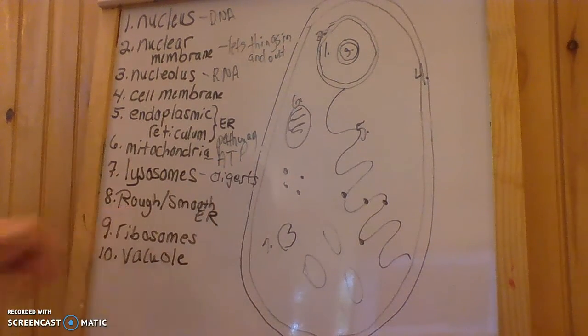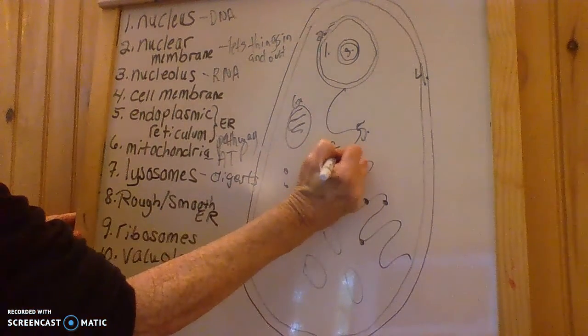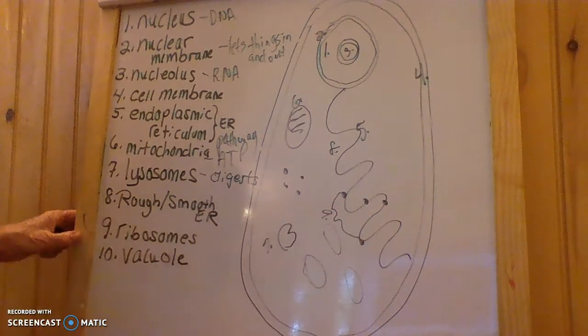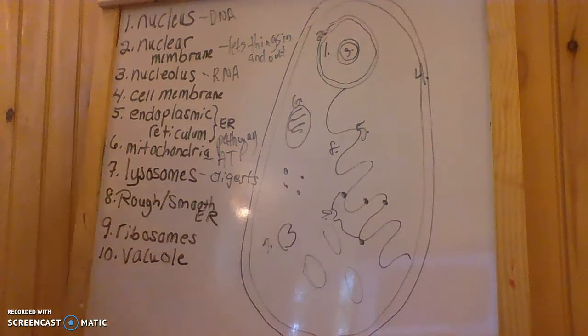Now we come to the difference between the rough and the smooth endoplasmic reticulum. So the smooth is in section number 8, and the rough is section number 9. So the smooth endoplasmic reticulum is the one that does not have any ribosomes on it.